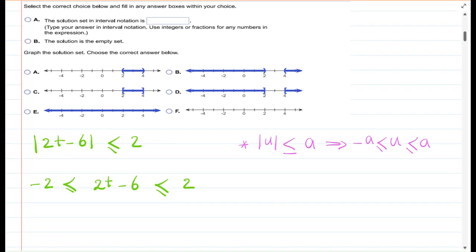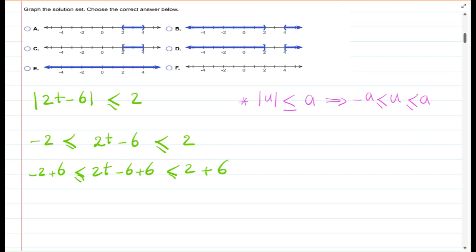To solve these two inequalities at the same time, the first step is to get rid of negative 6. So let's add 6 to all sides of the inequality. Negative 2 plus 6, then we have 2t minus 6 plus 6, and 2 plus 6. As you see, the inequality becomes 2t is between 4 and 8.